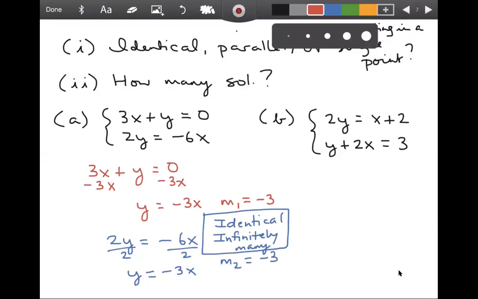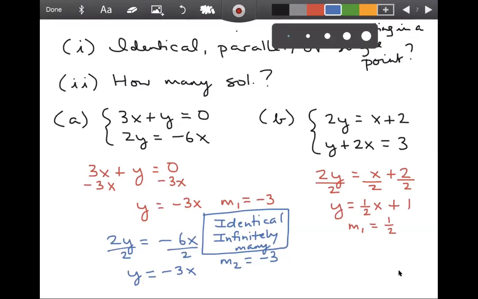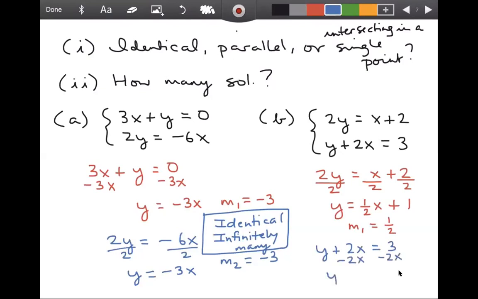All right, and then this example, letter B, 2y equals x plus 2. If I divide everybody by 2, I get y equals, now it's very helpful to remember that x over 2 means the same thing as 1/2 x. So this slope is 1/2. The slope of the other line is, subtracting 2x from both sides, negative 2, right?